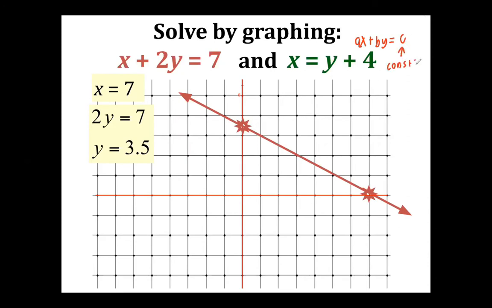So I want to isolate 4 on one side and x and y on the other side. So I'll first subtract 4 from both sides. That would give me negative 4 plus x equals y.